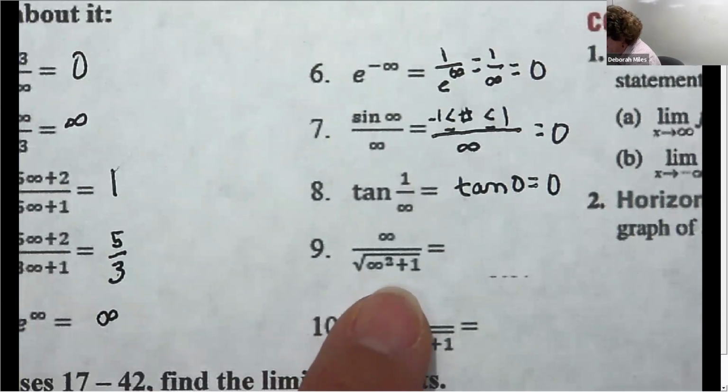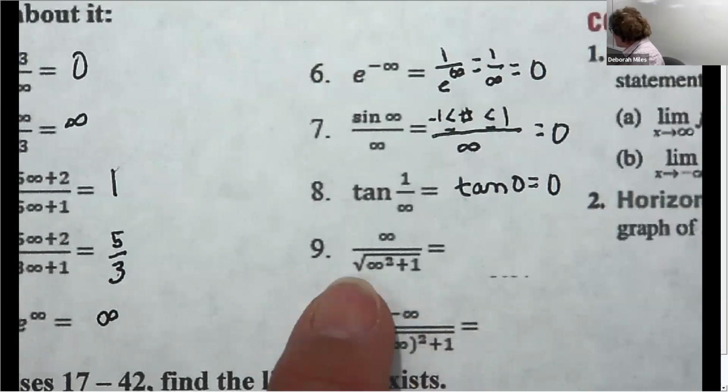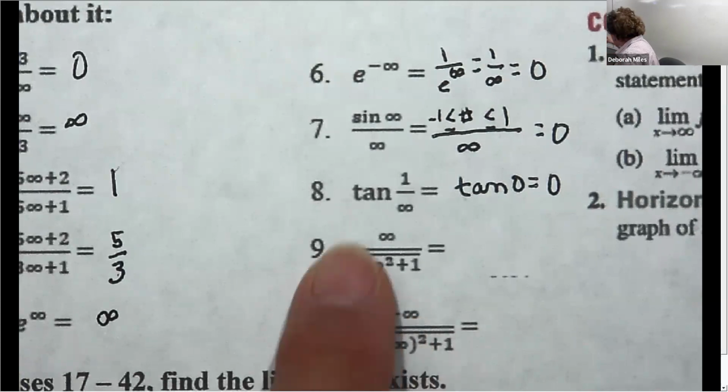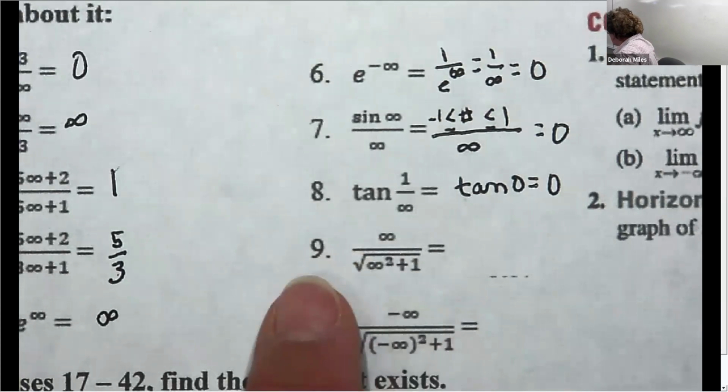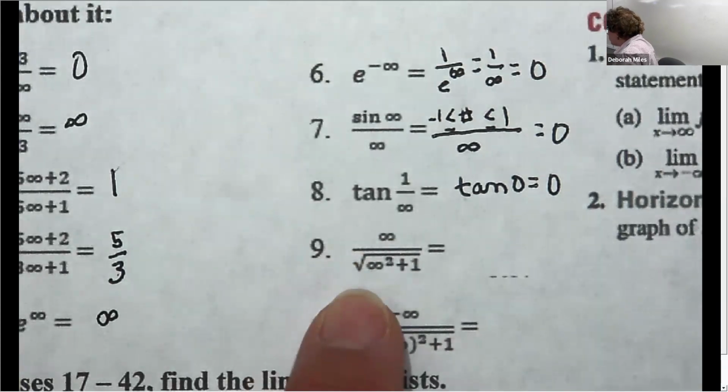Tell me how you came up with that. Yeah, you could say kind of that the numerator and denominator are both first degree. That's so wrong to say that, but it's like 5 bazillion to the first divided by the square root of 5 bazillion squared.